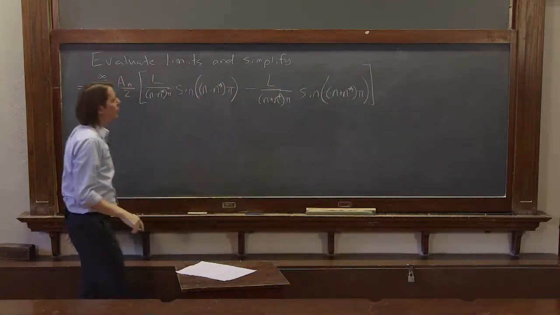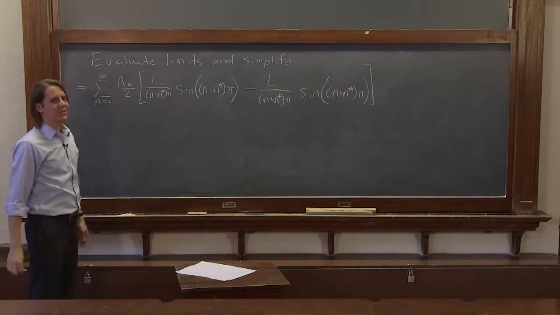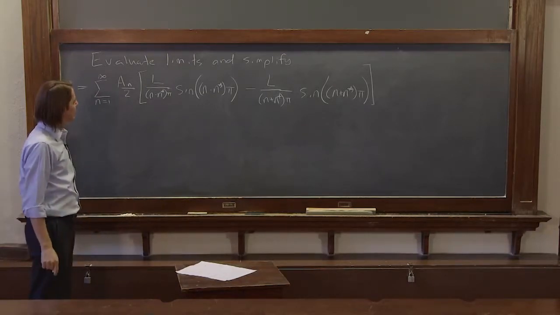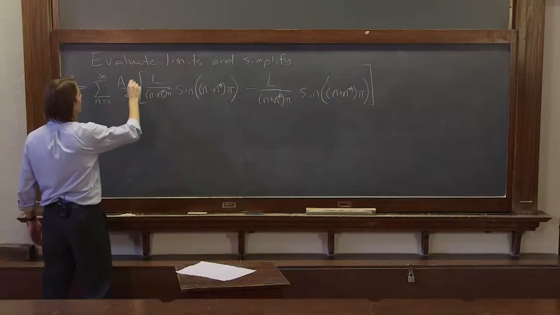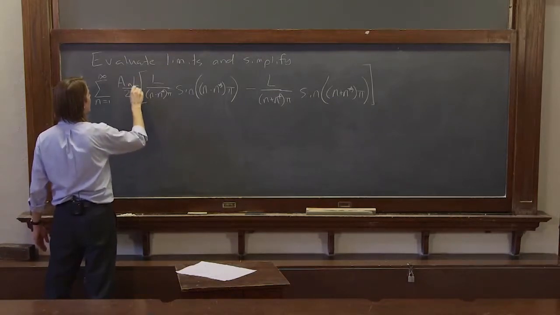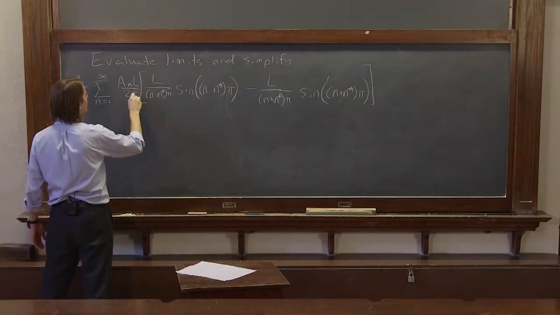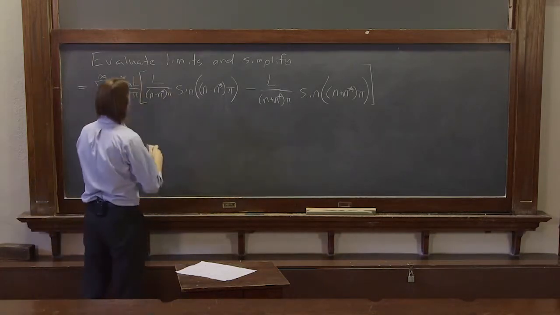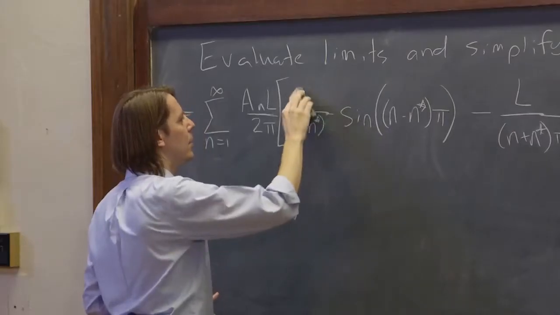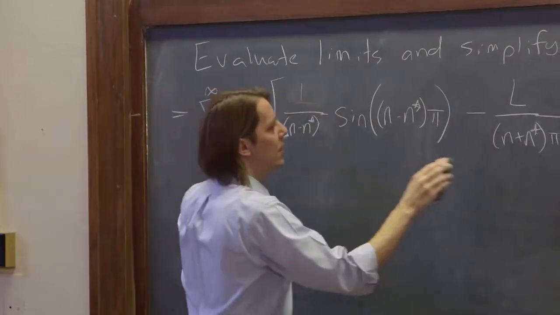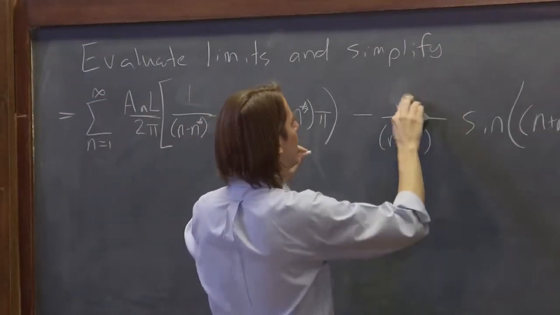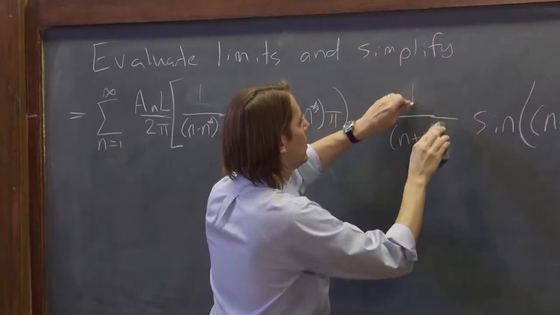Now, we wanted to evaluate the limits and simplify, so let's see what we can pull out. We can pull out an L and a pi, 2 pi. So let's do that. That's just 1, and get rid of the pi, get rid of the L, and that's just 1.